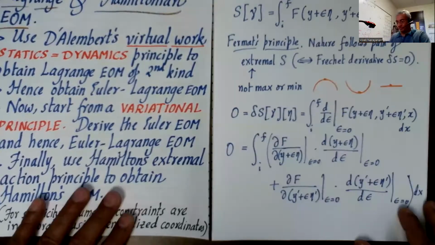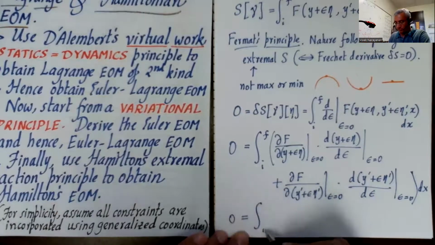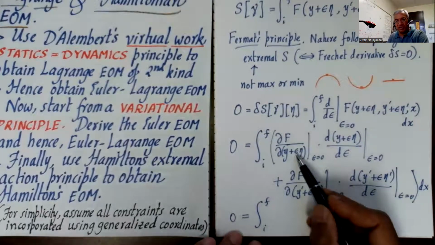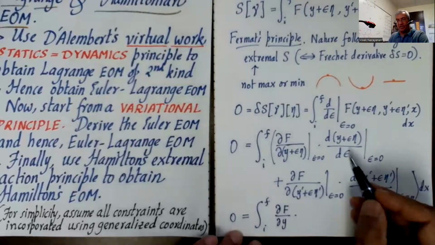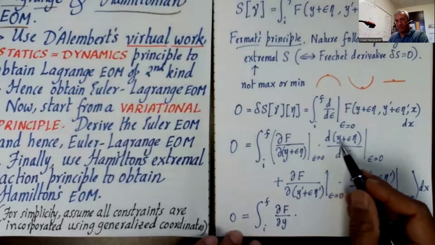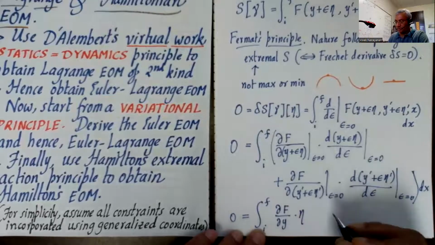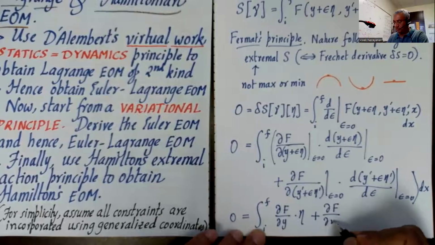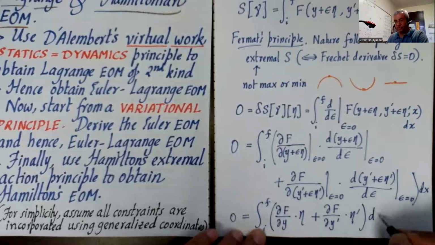All right, there's a key step next. Before the key step, let me just let the dust settle a little bit. When epsilon equals zero, this term vanishes. So I just get del F over del y. And here, the rate of change of y plus epsilon eta over epsilon is just eta. Plus del F over del y prime times eta prime dx.